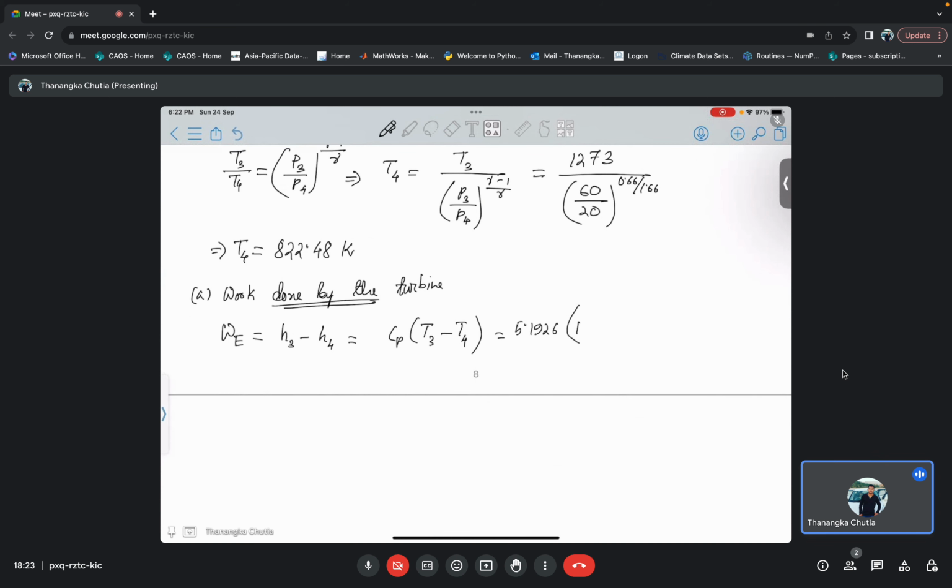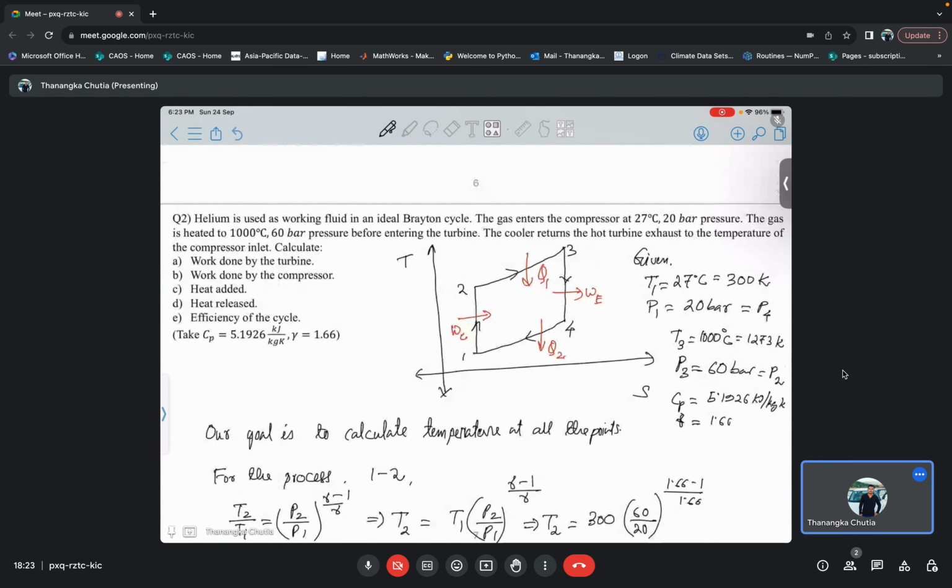T3 is 1273 and T4 is 822.48. So this one, kilojoule per kg. Okay. So this is 2339.37 kilojoule per kg. Okay.